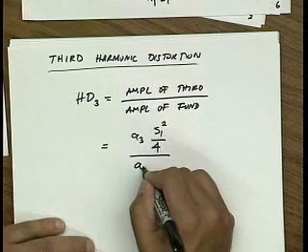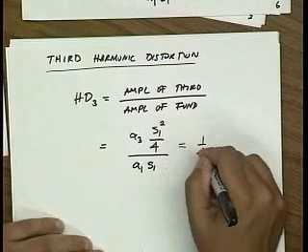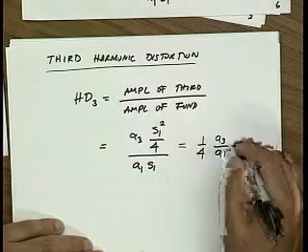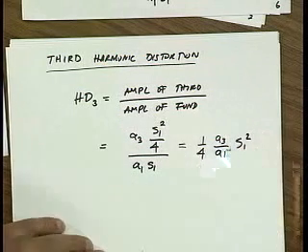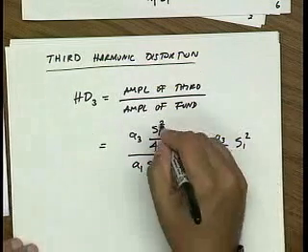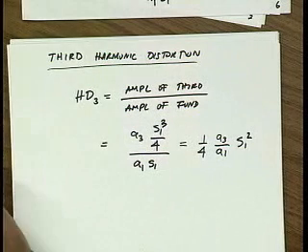And again, the amplitude of the fundamental for weakly nonlinear systems is just A1 S1. And so the HD3 is A3 over A1 times S input squared over 4. Yes, thank you. Good catch. All right.